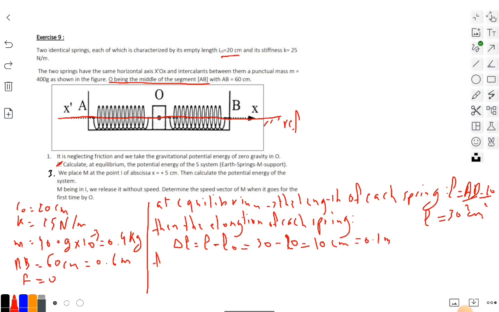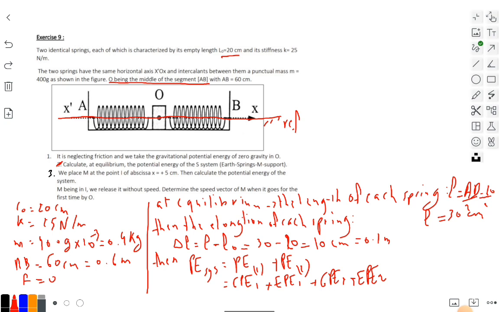Then the potential energy PE of the system equal PE of spring 1 plus PE of spring 2, equal GPE1 plus EPE1 plus GPE2 plus EPE2. The springs are on the reference, so GPE in the two springs are equal to 0.